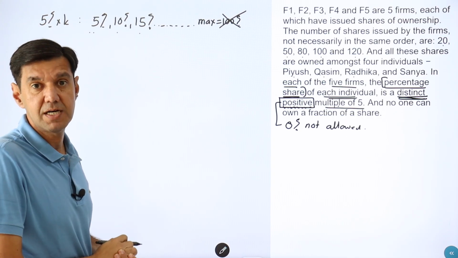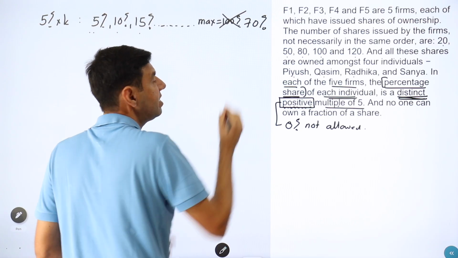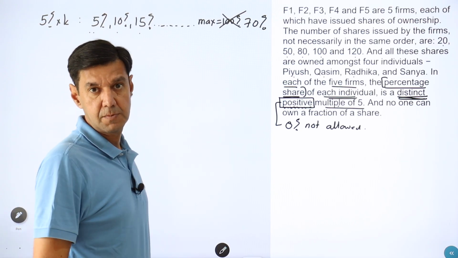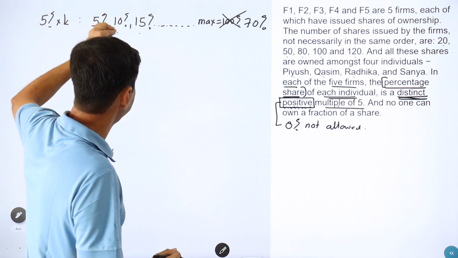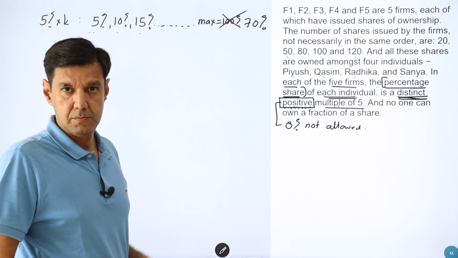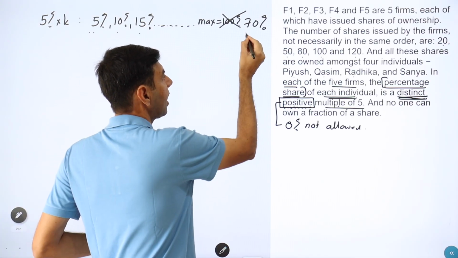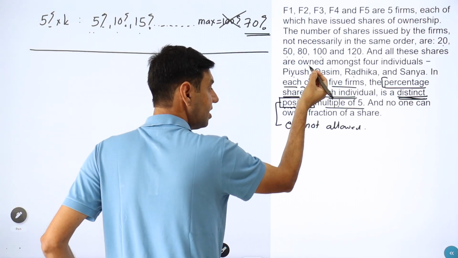That adds up to 30%. So the maximum that someone can have is only 70%. And this would have come to your mind if you would have spent time thinking about this. So no one can have more than 70%, and this is one understanding of this.